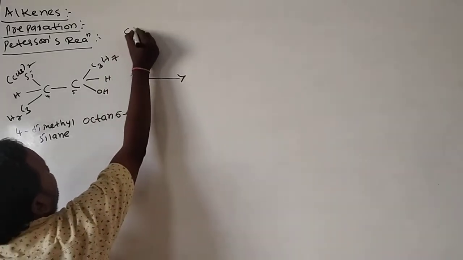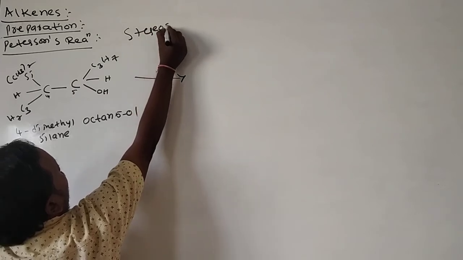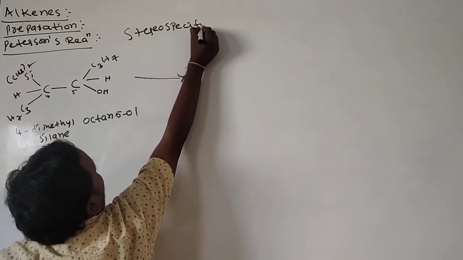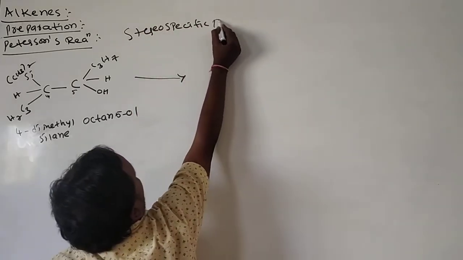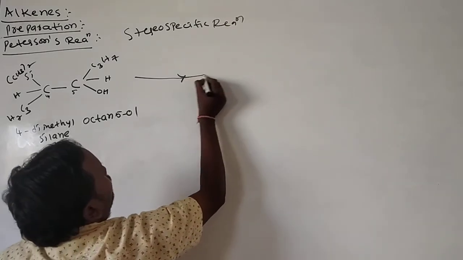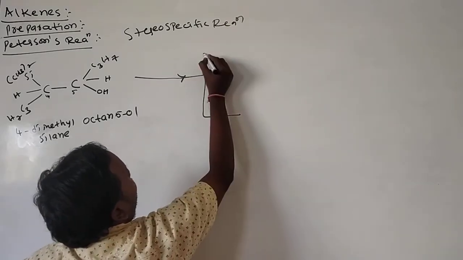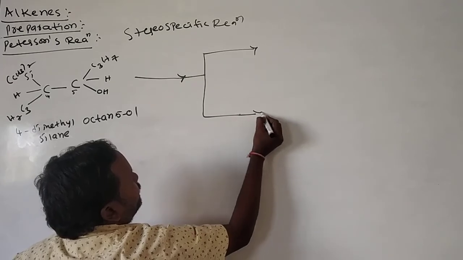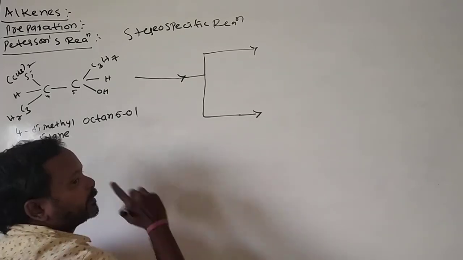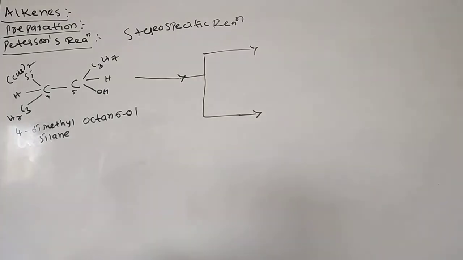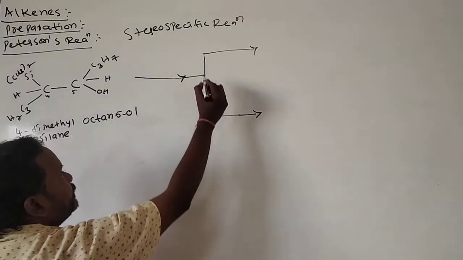This is one stereospecific reaction. Here we get the 2 isomers of the compound with different reagents. Cis elimination and trans elimination reactions take place, that is, syn elimination and anti-elimination.